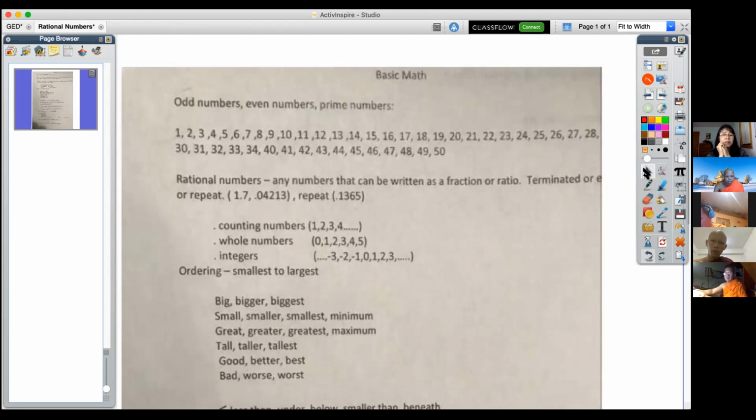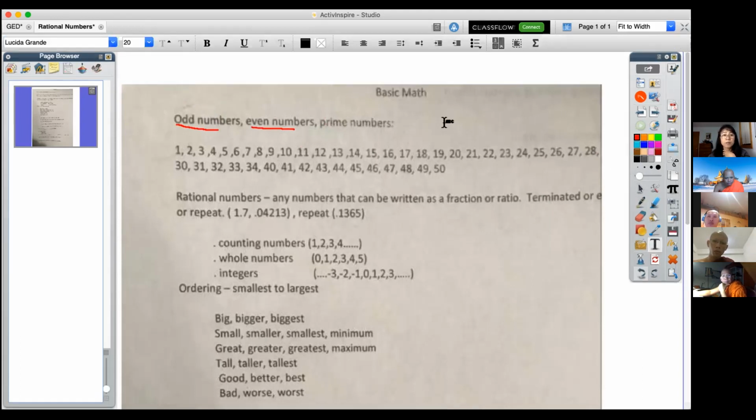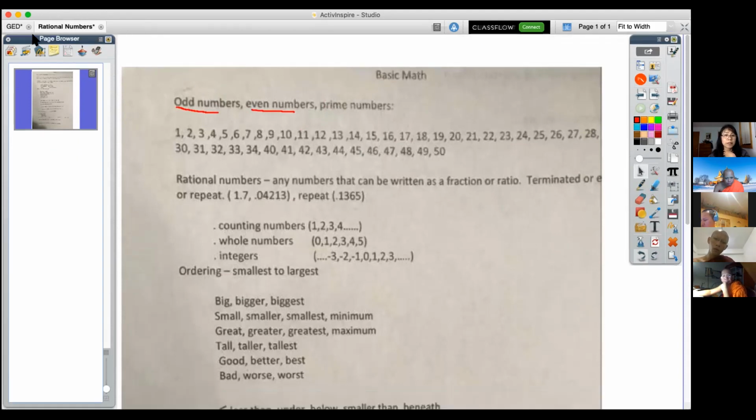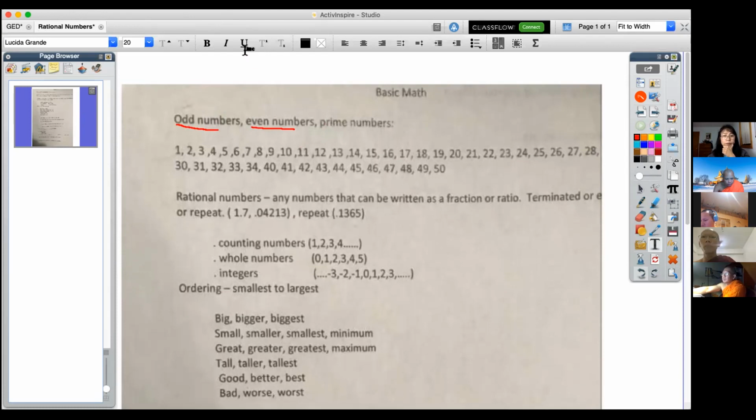No, you don't have to write them separately. You just look, just know what is odd, what is even. Okay, and then I will explain the prime. So you know odd number, right? You know even number? Okay, now prime, this is a definition of prime. Prime is a bit hard to explain.